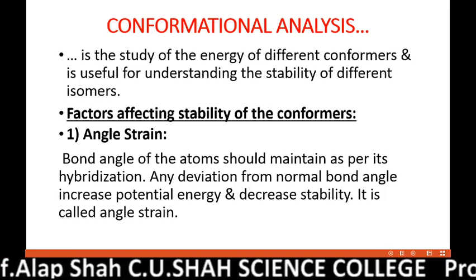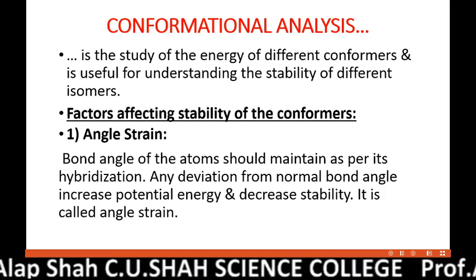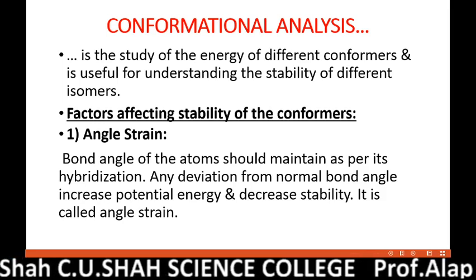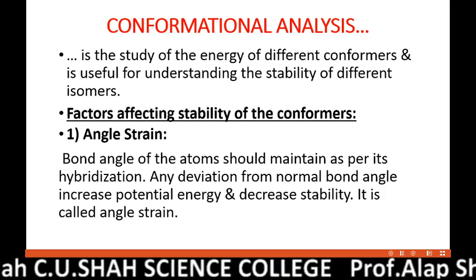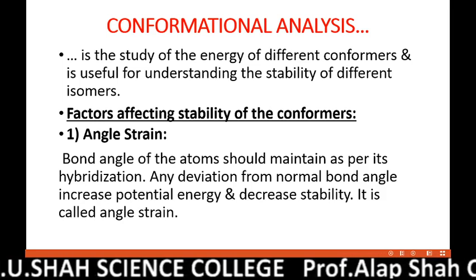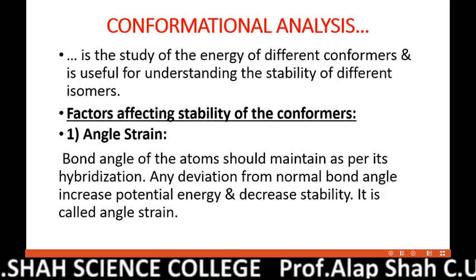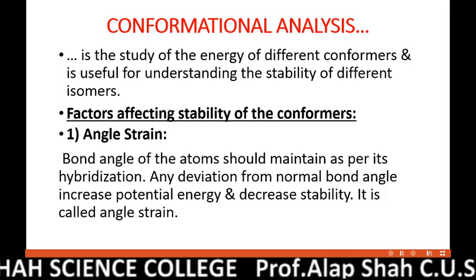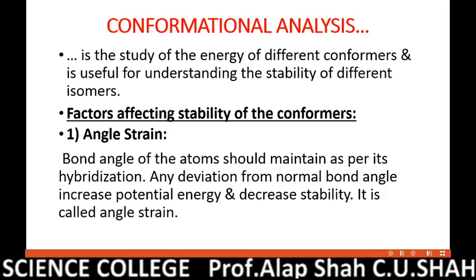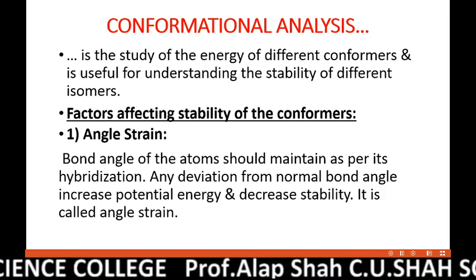The first one is called angle strain. Friends, we know that every hybridization has a specific bond angle. For example, sp3 has 109 degrees, sp2 has 120 degrees, sp has 180 degrees. Accordingly, bonds are arranged.